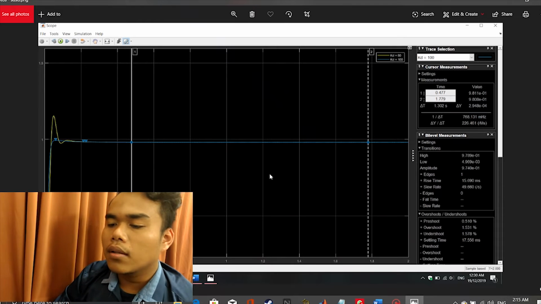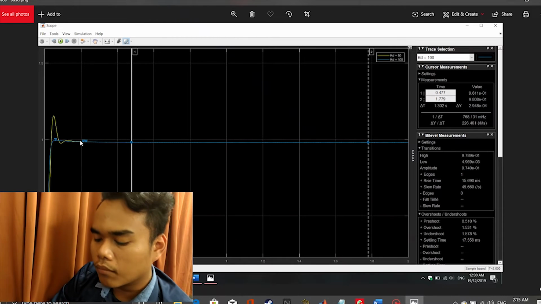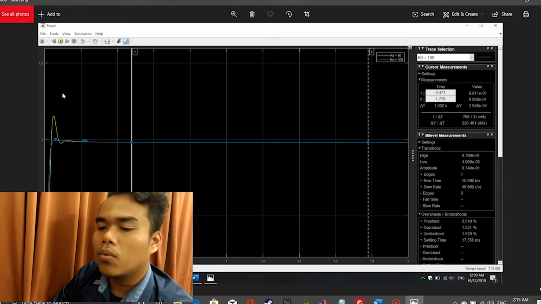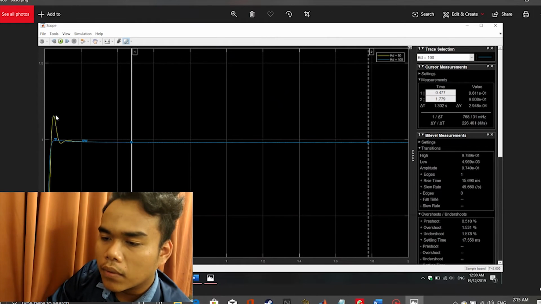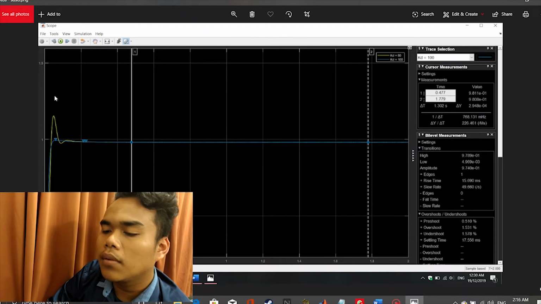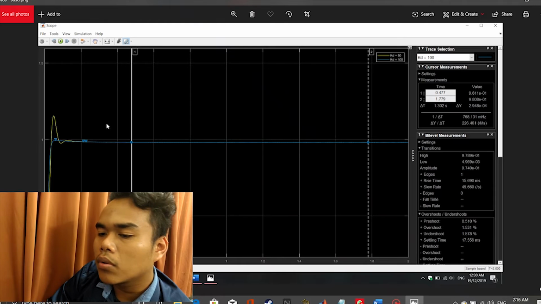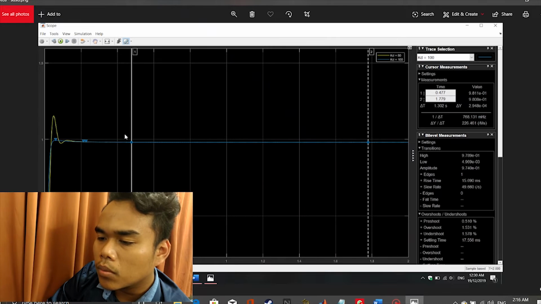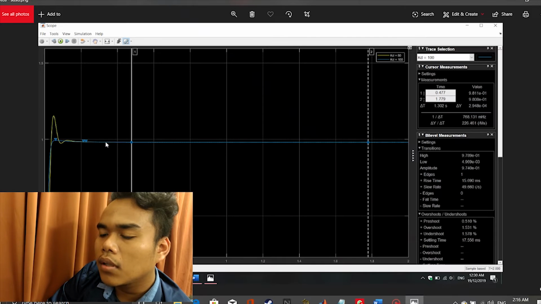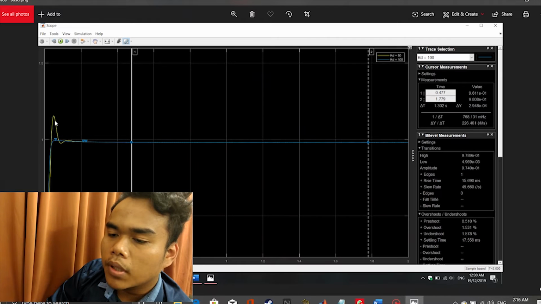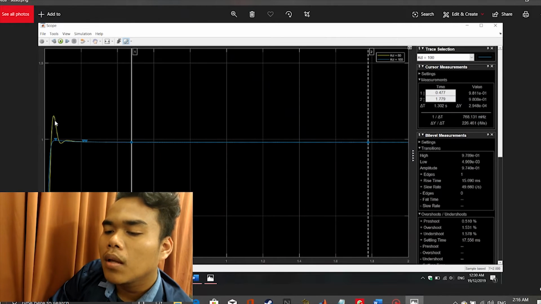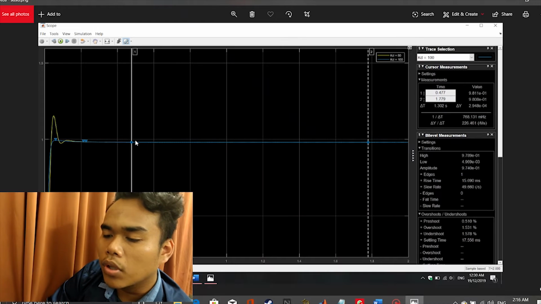When we look at this graph, the yellow one is PD controller 1, and the blue graph is PD controller 2. We see that PD controller 1 has more overshoot than PD controller 2.